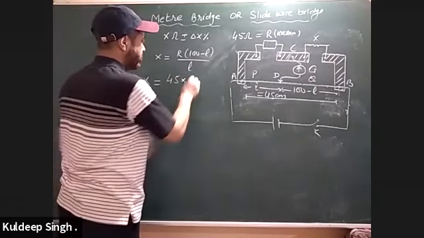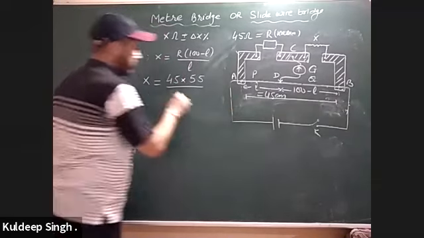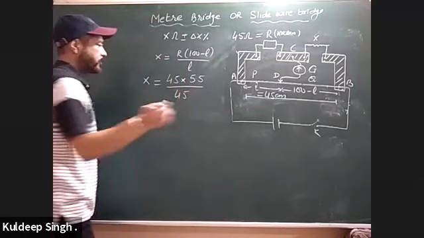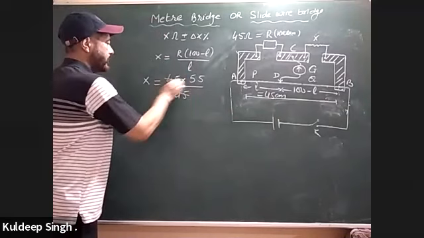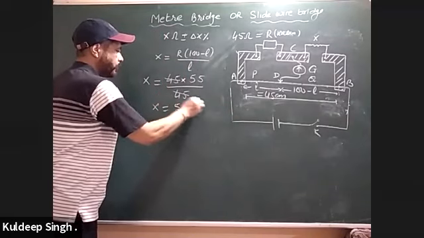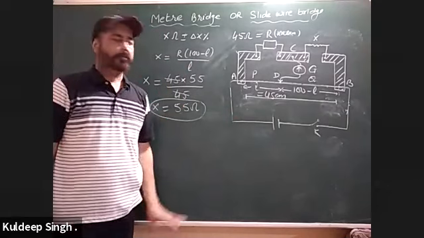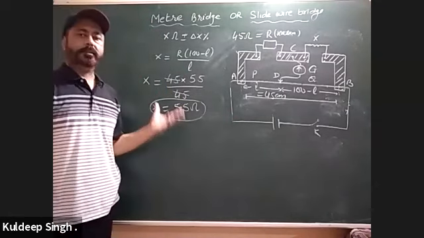Then it is 55 divided by 45. Shabash, do yourself. Then X is equal to 55. First portion of the method is done. 55 ohm is the unknown resistance.